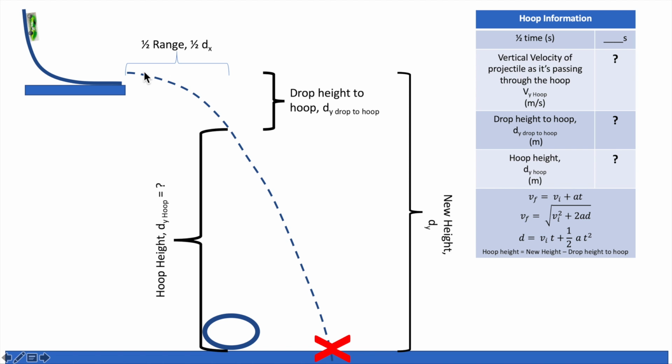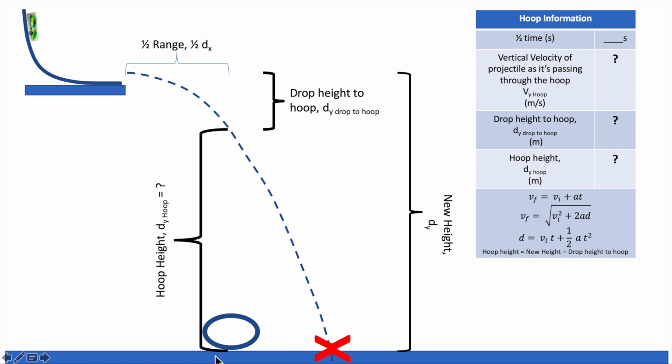And even though this is not drawn to scale, you can kind of see that this does play a factor, in the fact that even though horizontally it's half, vertically it's not. It's far from it. So, knowing this half time, there are several things that you can use here, using these formulas down here. What I want you to do is tell me how high up must I place this ring.